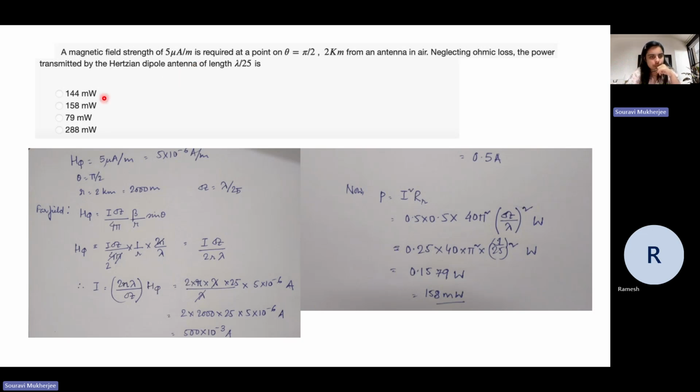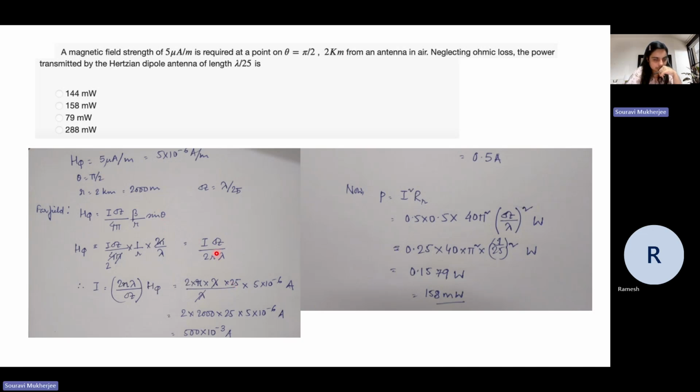Now, the magnetic field value is provided. Be careful about the units. And theta and r are also provided, so you know what field is there. Now in the far field, this is your expression of your magnetic field. So here we know H phi, it's in air, and delta z in terms of the wavelength, r, theta.